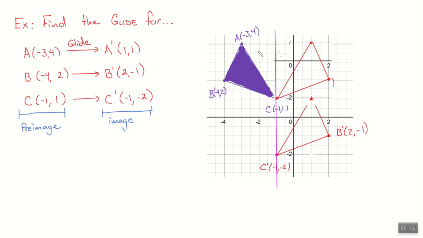I can tell that because from -1 to -3, this is a distance of 2. And from -1 to 1 is also a distance of 2. I've kept those distances. That's a line that I'm reflecting over. And I wish that there were a way that I could say, oh yeah, it's obviously this. It just takes being able to see it in your head and checking stuff, for now at least.